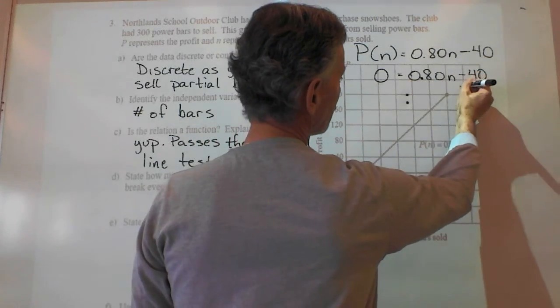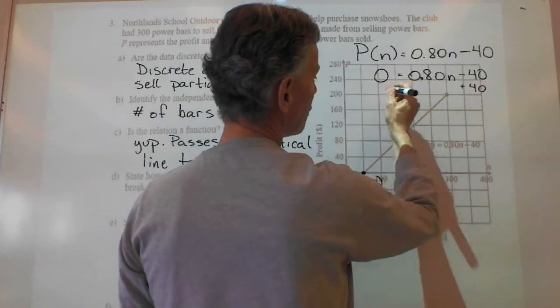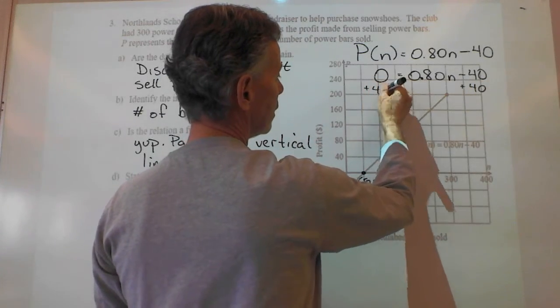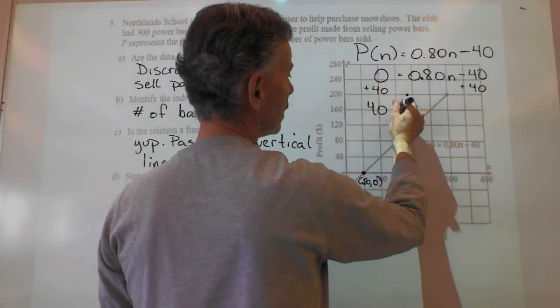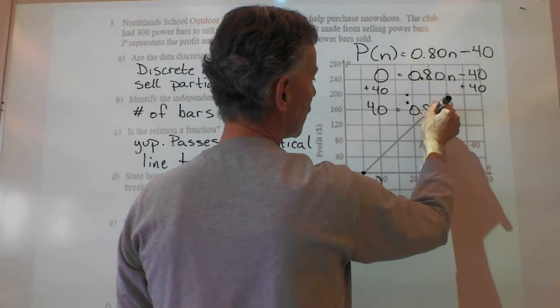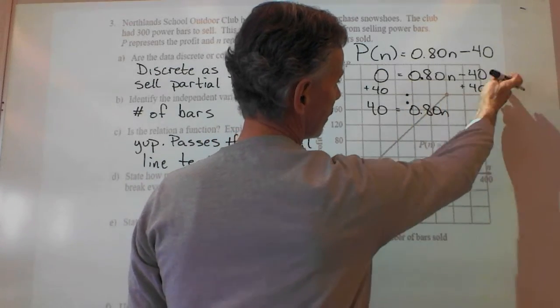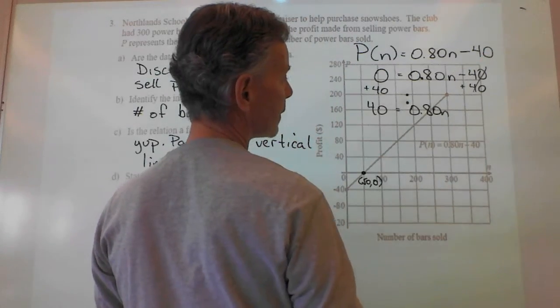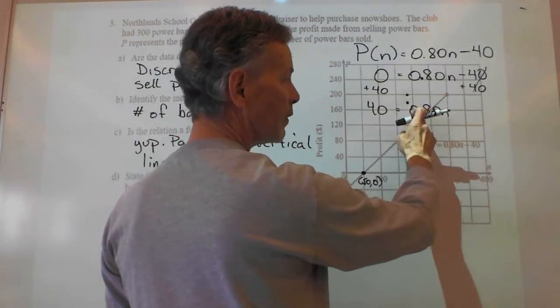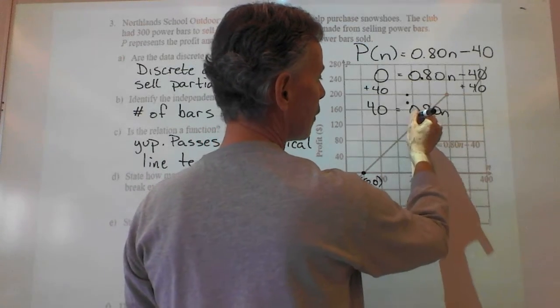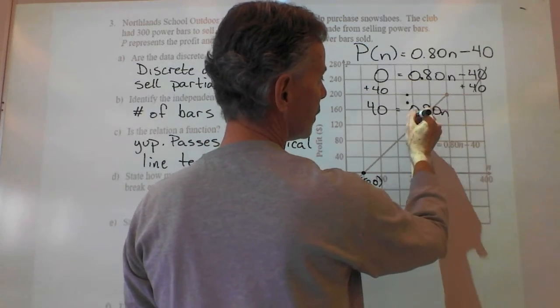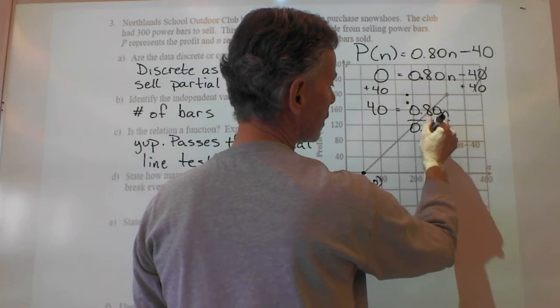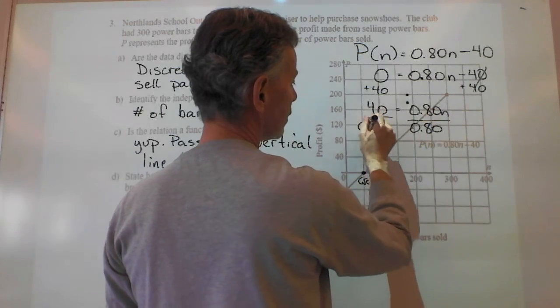Always do adding and subtracting first, so we'll add 40 to both sides. That'll give us 40 equals 0.80n. This cancels, right? Minus 40 plus 40 is just 0. The last thing we have to get rid of is the 0.8. So we do the opposite operation. We divide both sides by 0.8.